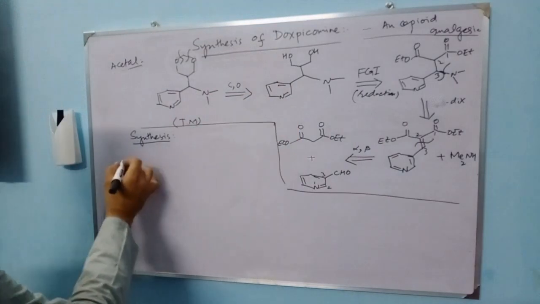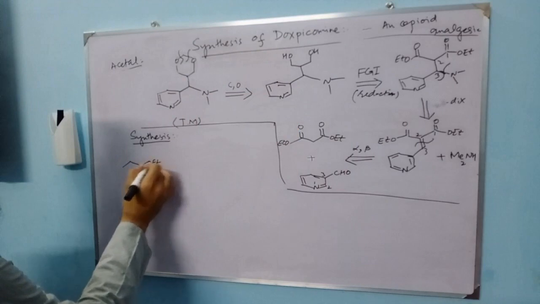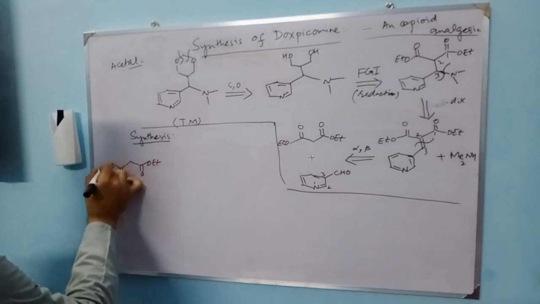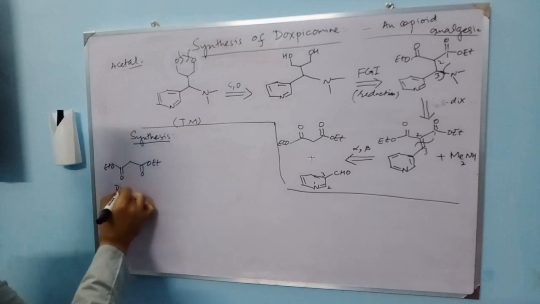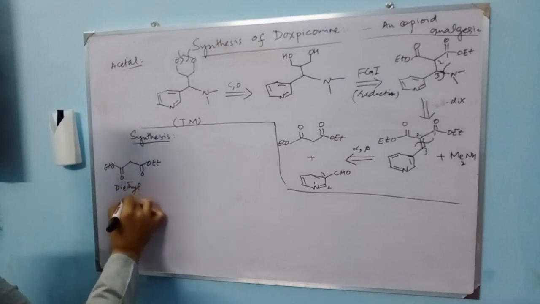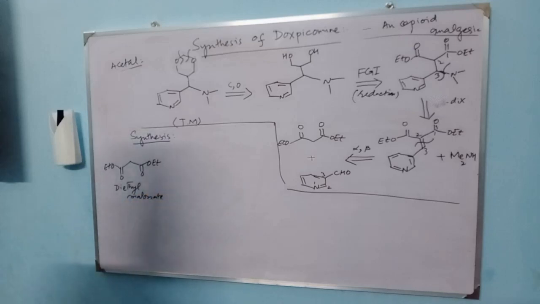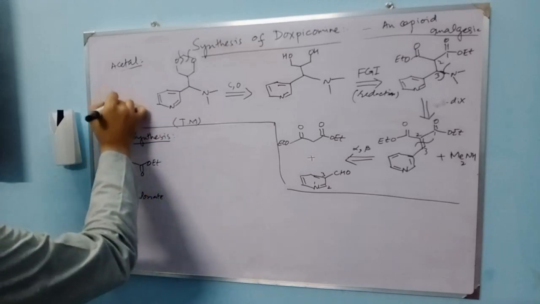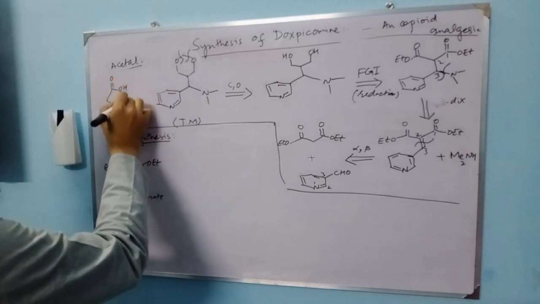Now synthesis. We will take this ester. This ester is diethyl malonate, and this comes from the corresponding acid named malonic acid.